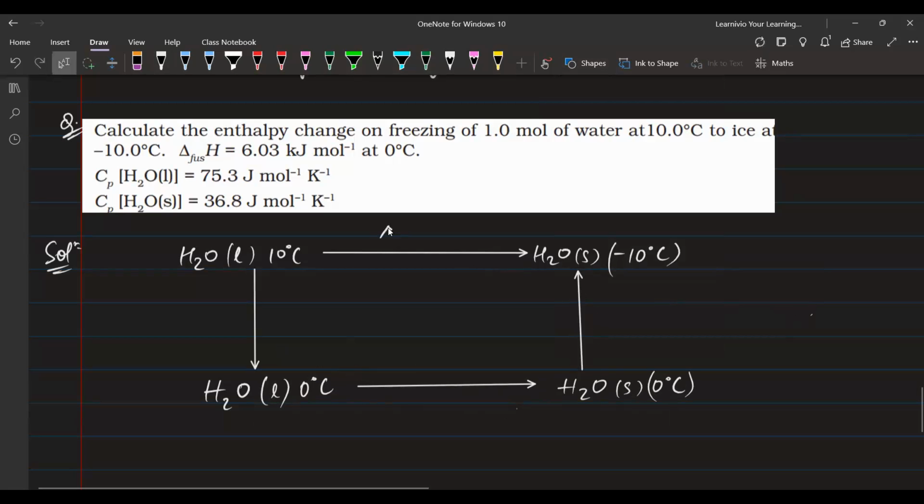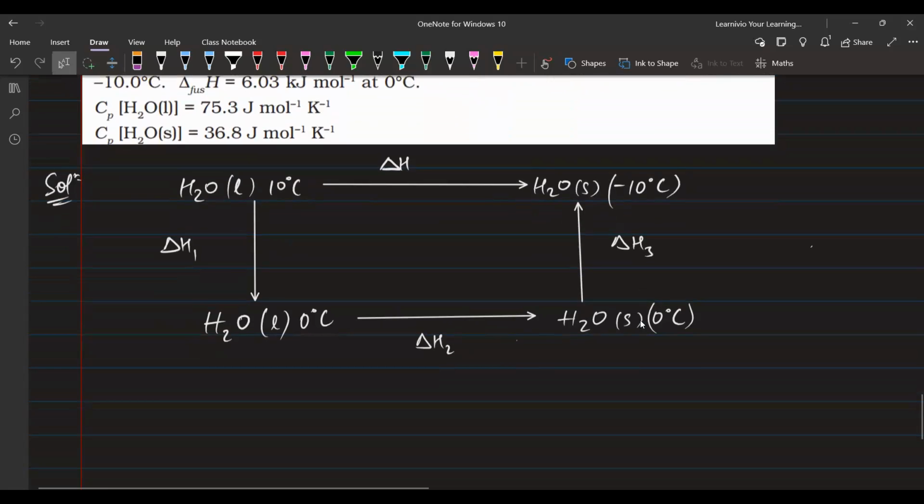This is the first enthalpy delta H1, this is the second enthalpy delta H2, and this is delta H3. According to Hess's law, if we go directly or indirectly, the same energy will be used. So delta H can be written as delta H1 plus delta H2 plus delta H3.